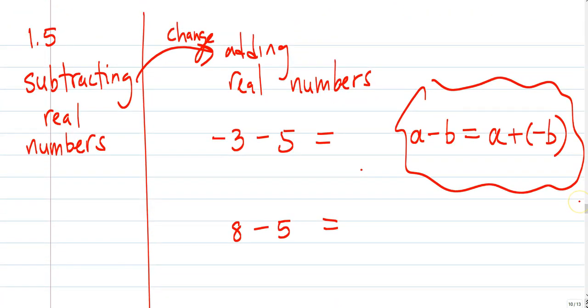So my advice is going to be basically to change it. Because you just did section 1.4 and you did adding real numbers and we knocked that out of the park. It was a piece of cake, and all of a sudden we get to subtracting, and I'm going to tell you right now from my experience that I used to teach this, and I would just assess students on adding, and I would get like 95% of people passing with really high scores, and then I'd give them a test on subtracting, and I'd have like half the class not pass it.